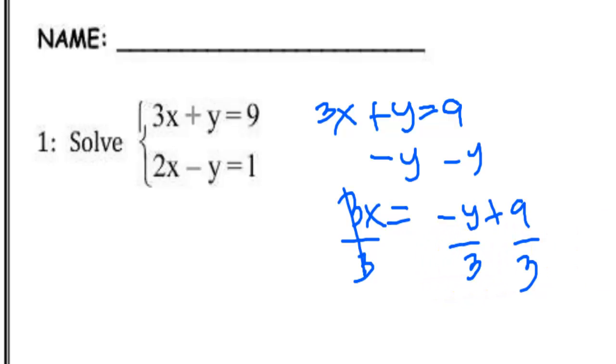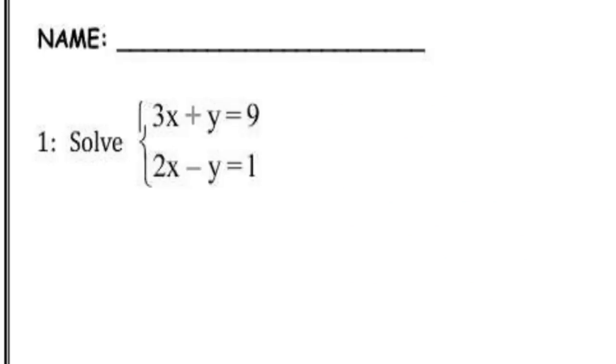Same thing with equation number 2. I don't recommend solving for x because you will end up getting 1/2 as a coefficient of your y. So here we can solve for y either in our first equation or in our second equation. So let's just try to solve the y variable in our first equation.